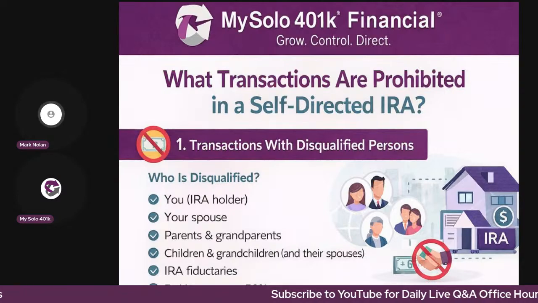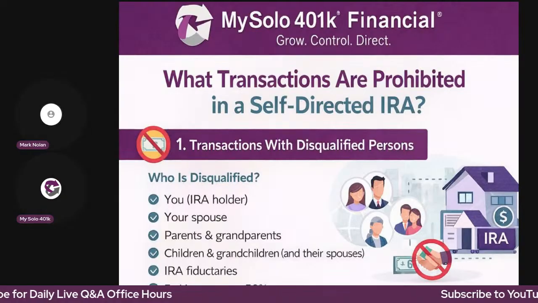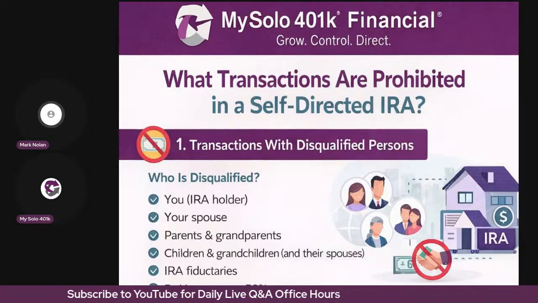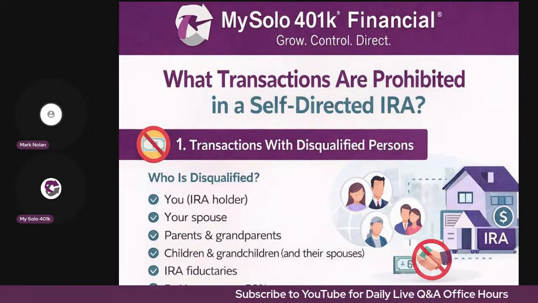So what transactions are prohibited in a self-directed IRA? Well, self-directed IRAs offer investors the freedom to diversify beyond traditional stocks and mutual funds into alternative assets such as real estate, private equity, private lending, and precious metals. However, this flexibility comes with strict IRS regulations.